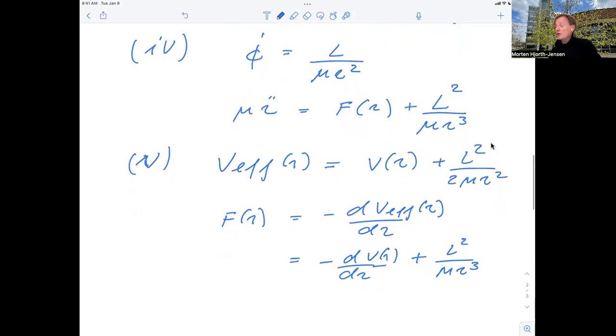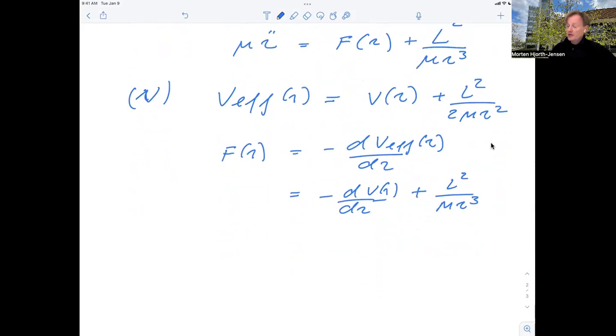Now let's take a look at the harmonic oscillator again. We have been looking at the harmonic oscillator in 1 and 2 dimensions when we discussed harmonic oscillations in Cartesian coordinates, and we know that we can easily find the analytical solution of the problem.